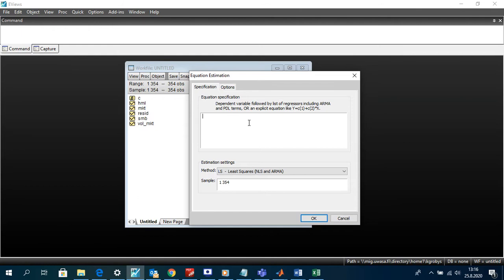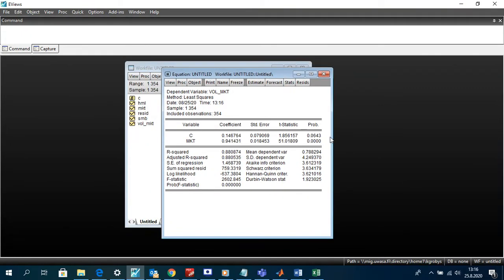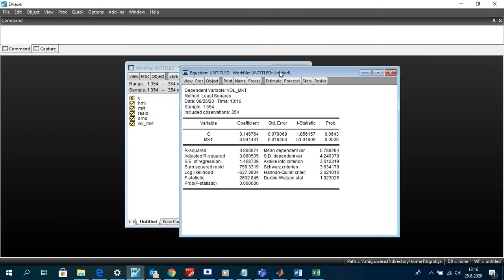Then we plug in vol MKT, which is our volatility-managed factor, C, which denotes the intercept term, and MKT. Push the OK button, and EViews spits out the corresponding regression equation.